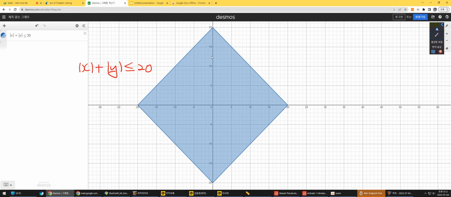Yeah, so in this rhombus, how many integer pairs are here? That's the question. Can you find the number of integer pairs in this diagram? I'm thinking of this right triangle here.